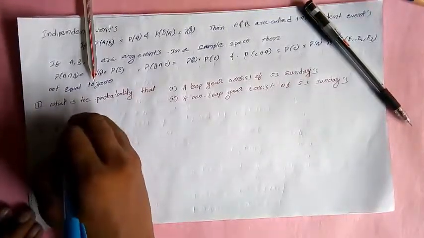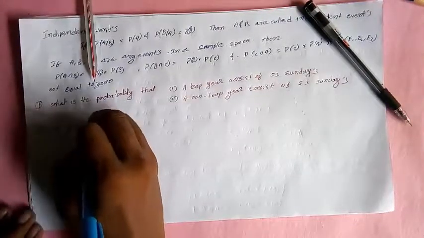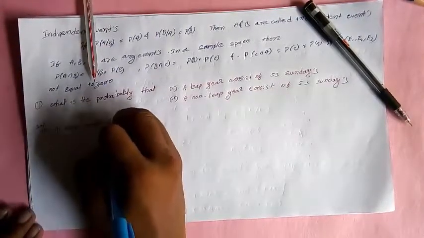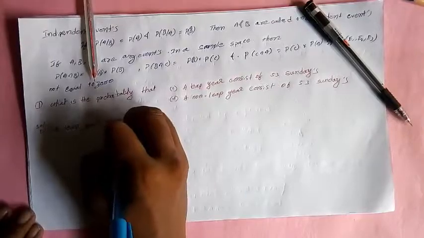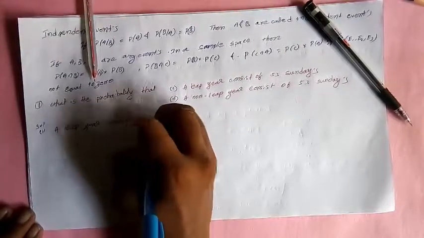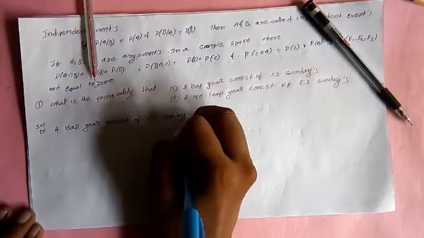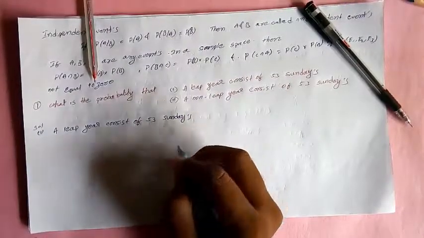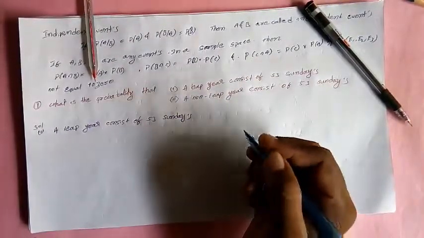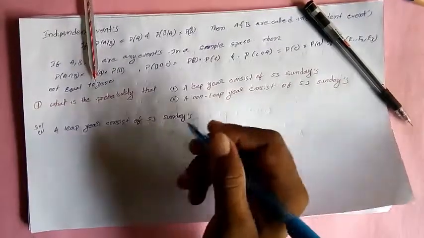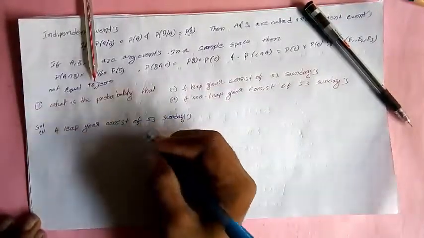First one, solution. Condition number 1: a leap year consists of 53 Sundays. It means, what is the probability that a leap year consists of 53 Sundays? This is the question.